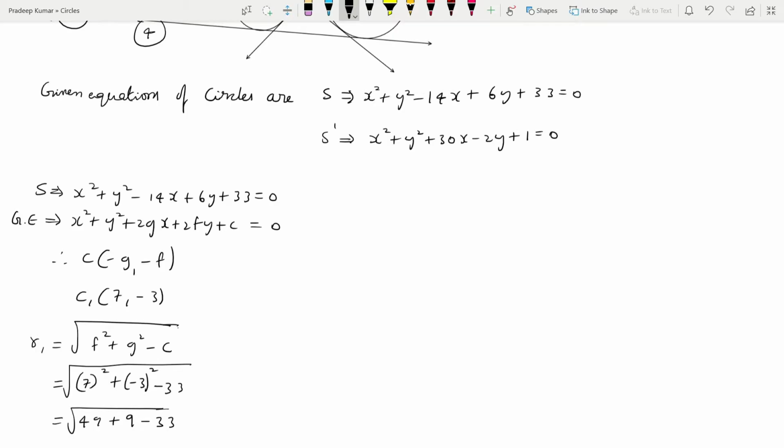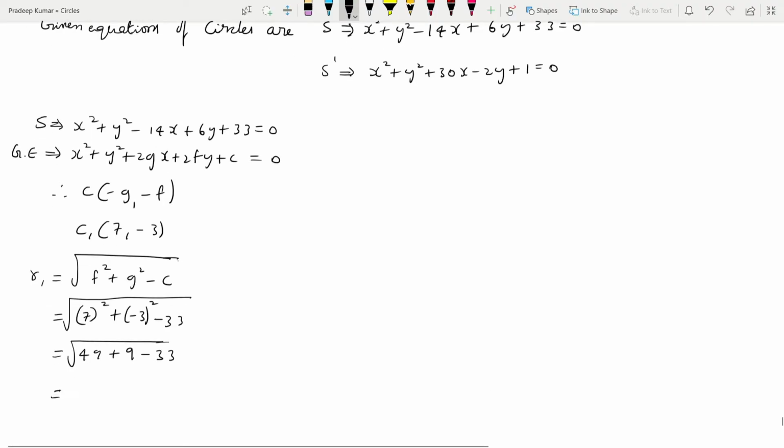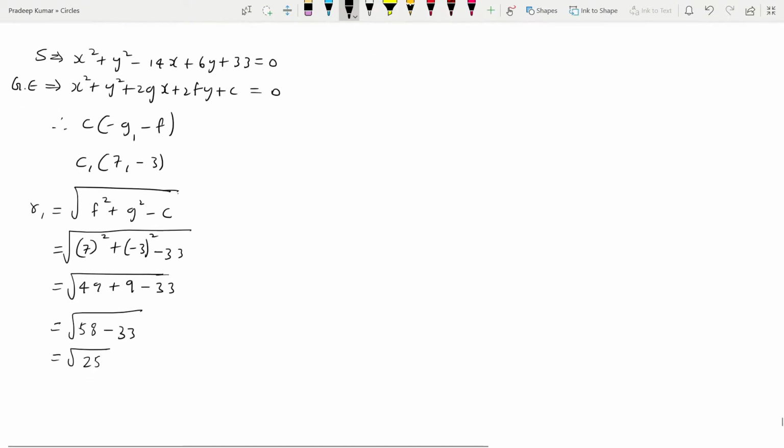When we add 49 plus 9, we get 58, and 58 minus 33 gives 25. So root 25 is 5, the value we get for the first radius.